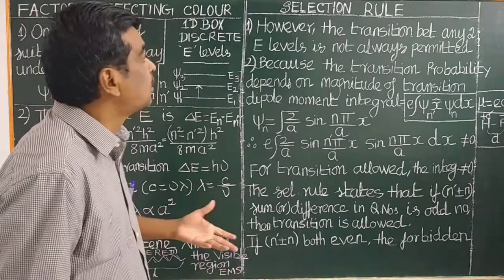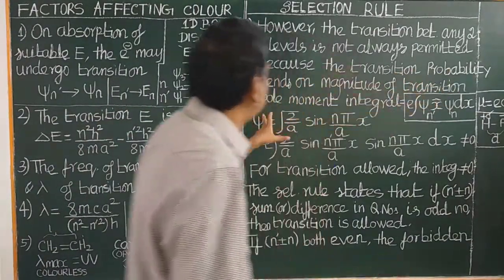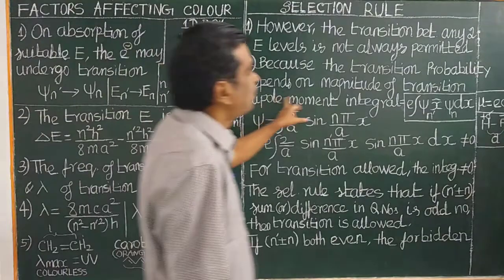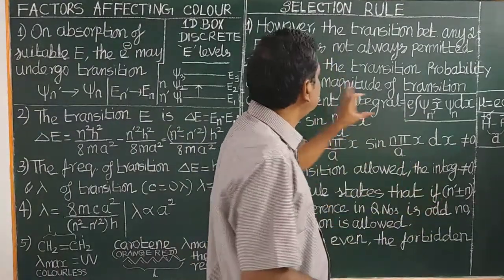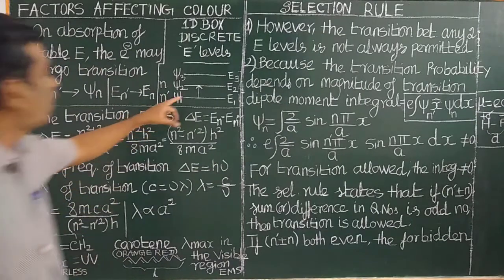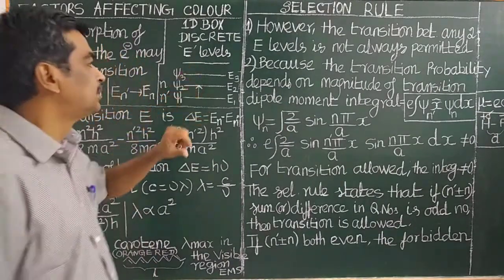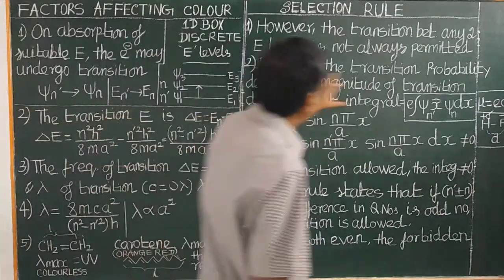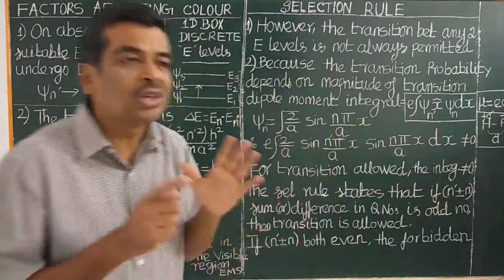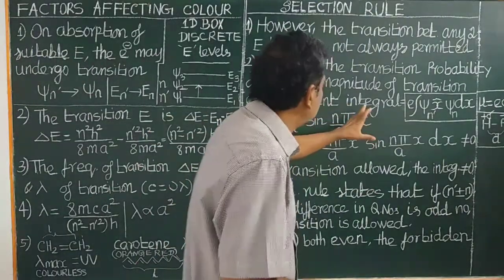The transition is not permitted because of the transition probability, which depends on the magnitude of the transition dipole moment integral. This is the electric dipole; the transition is called an electric dipole transition. Therefore, the transition probability depends on the transition dipole moment integral.